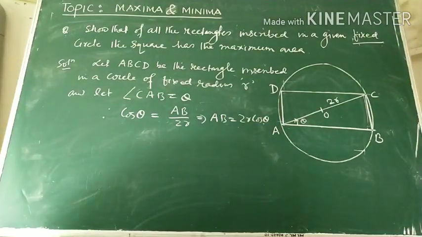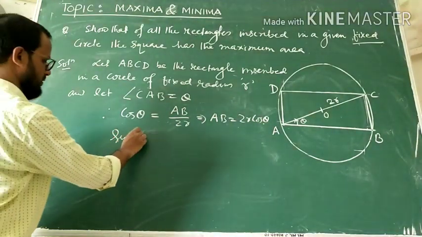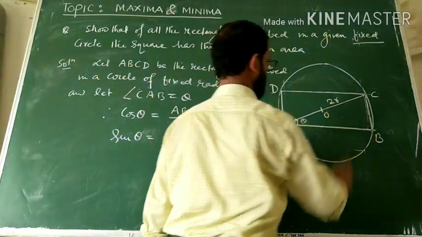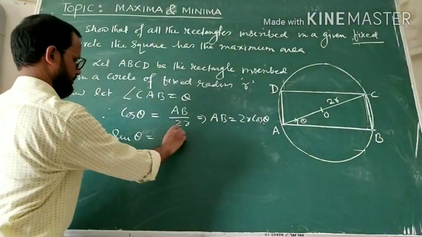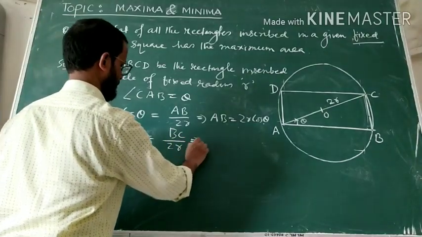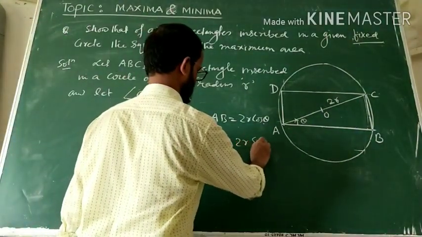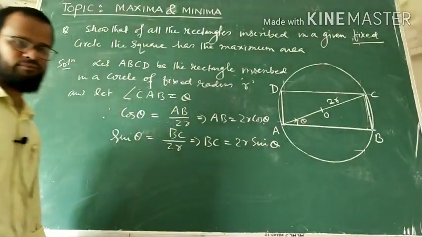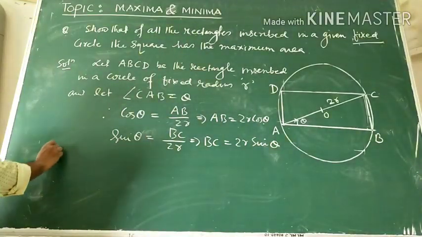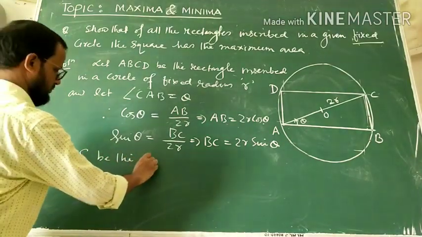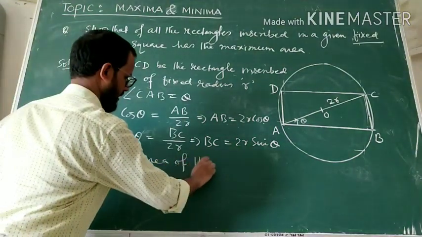And sin theta equal to perpendicular by hypotenuse, meaning BC by twice r, so BC equal to twice r sin theta. My aim is to find the length and breadth. Then let S be the area of the rectangle.